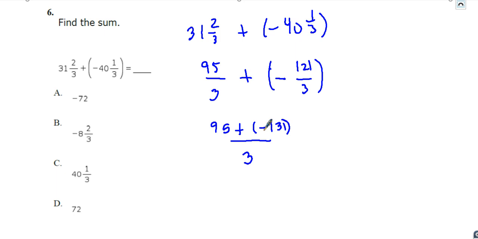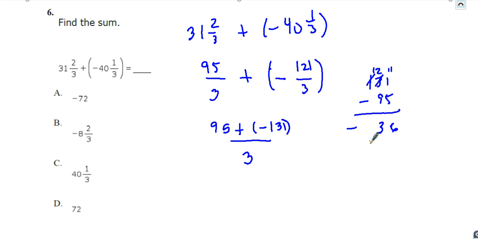95 plus negative 131 is really just 131 minus 95, and the answer is going to be negative because the negative is larger. So that's going to be 11, so that's a 6. We have to borrow 1 here, so this becomes a 2. Then I needed to borrow 1 here, so that's 12 minus 9 is 3.